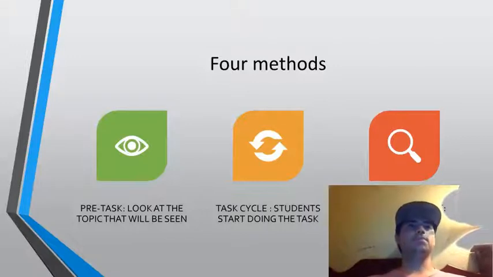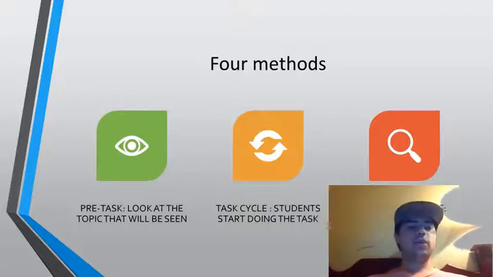It's pretty simple. Then we have the task cycle, and this is the stage in which the students start doing the task either in pairs, or it can also be in small groups, while the teacher is checking and monitoring that the task goes well.